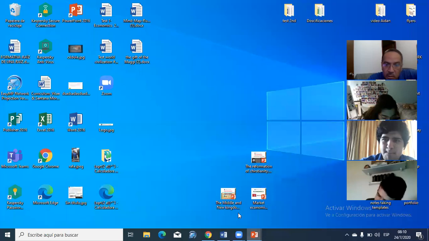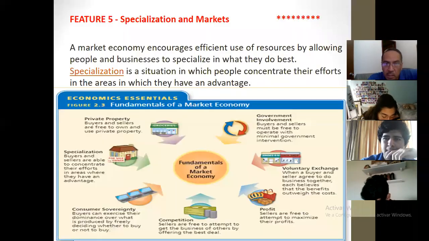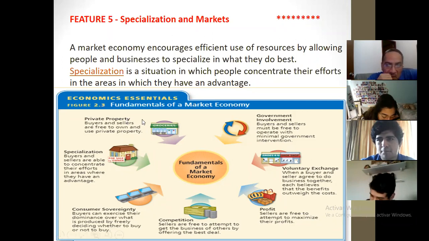Okay, now during the last class, we introduced the class talking about the different features that characterize this market system, okay? And we spoke about these features. These are the main features over here.